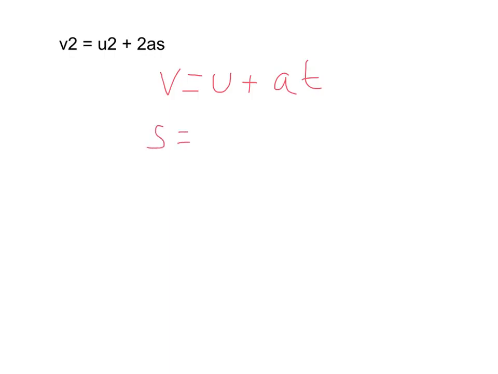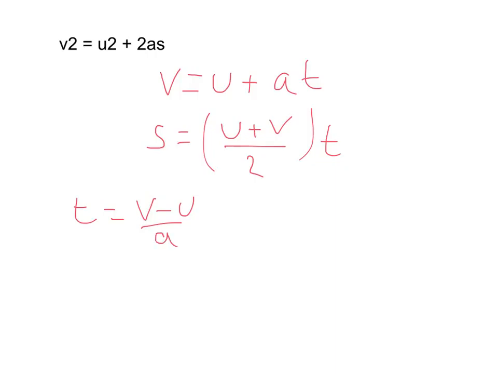Let's do it with this one, u plus v over 2 times t, and what we can do is we can combine these to eliminate t, and the way we'll do that is we'll rearrange the first one so that we can show that t is v minus u over a, and then we can put that in to the second one.